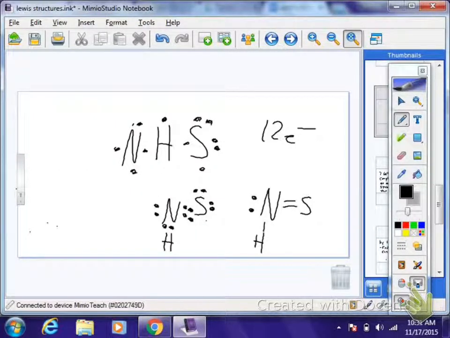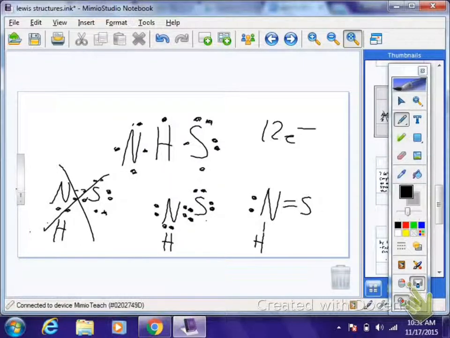Because if I did it that way, this is what it would look like. Hydrogen has 6, sulfur has 10. So it has to be pulled from the branched atom. This is not what we want to do.